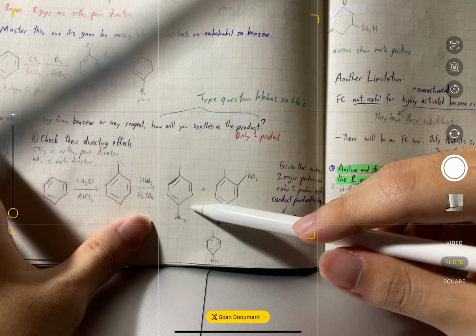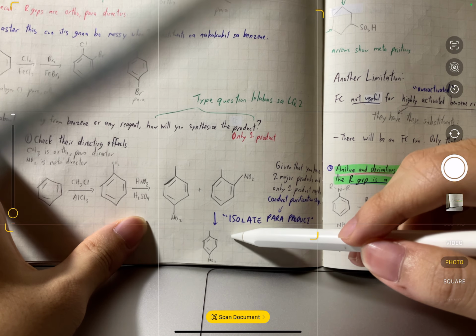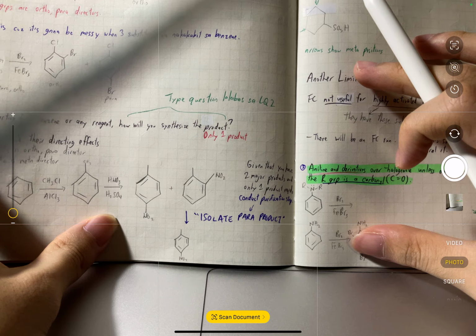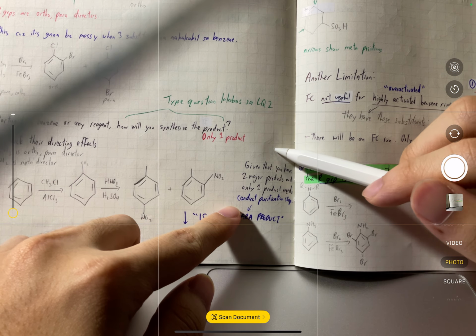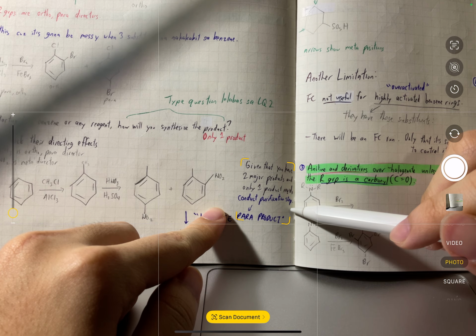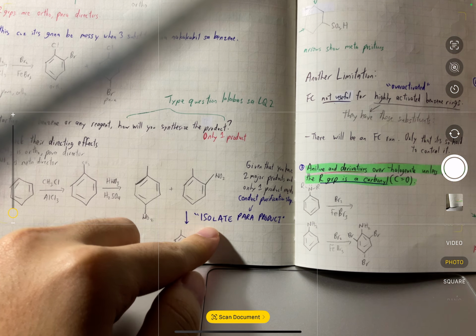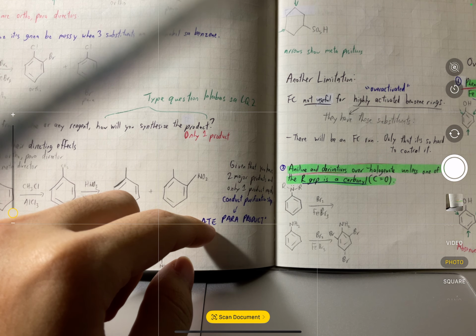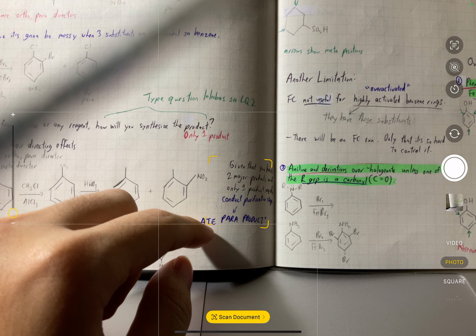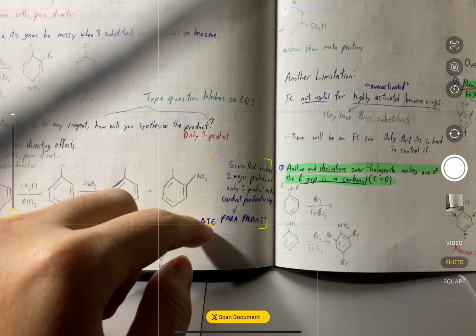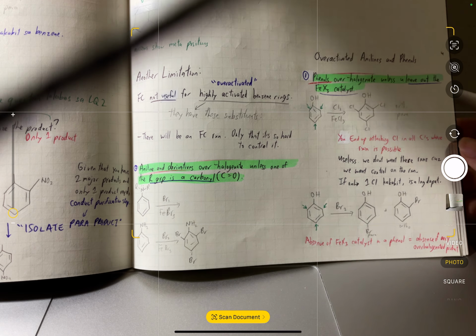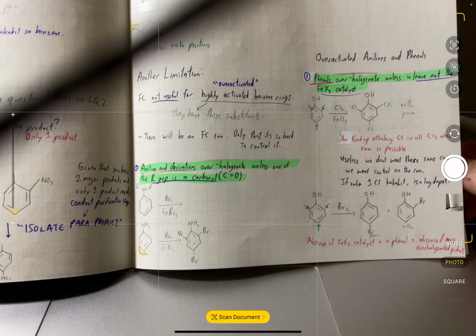But in the para position, there's much less steric effect. Okay, so these are just limitations of EAS reactions.